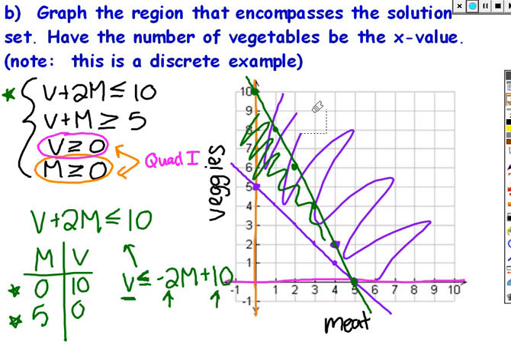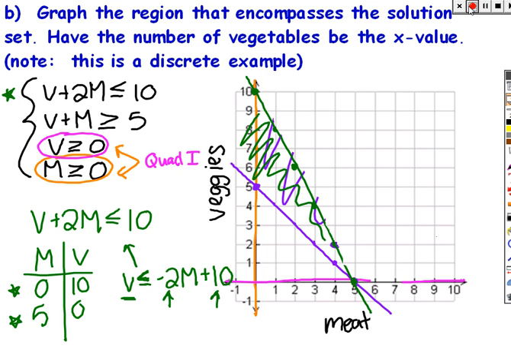Now the last thing that I want to point out is this is a discrete example, meaning there's a countable number of answers. I can't have 2.3 meat toppings on my pizza. Unless I was doing half and half, I guess. But let's just assume I can't have any fractions.